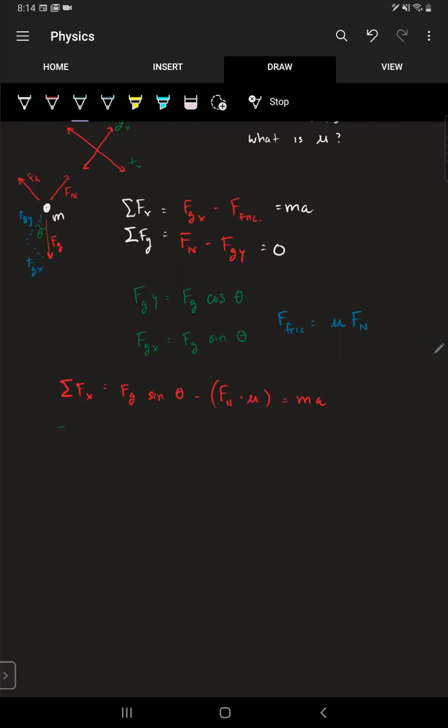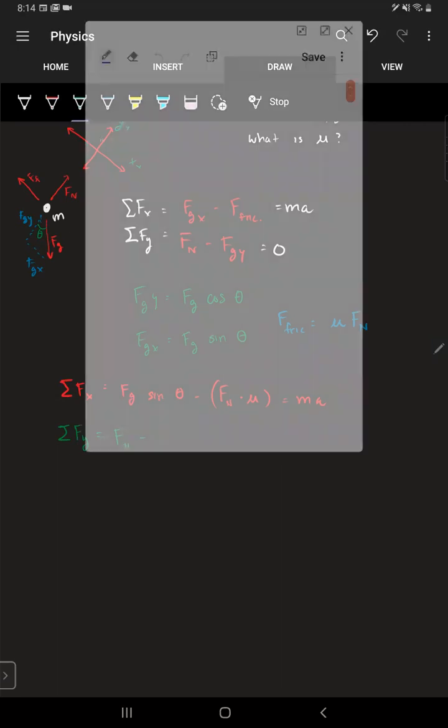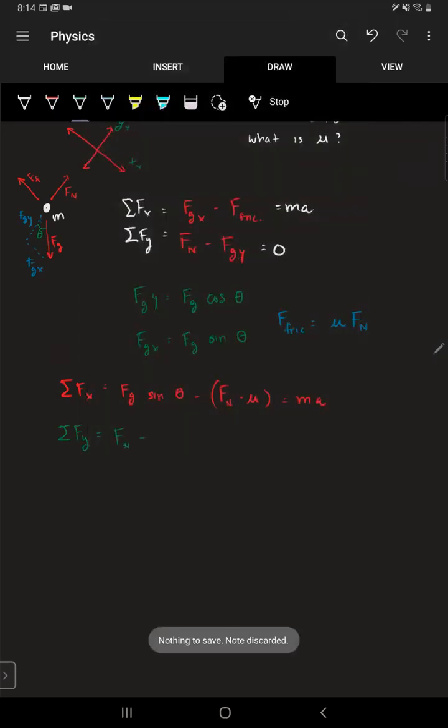If we're going to solve for mu, we need to know what f of n is, right? Luckily, we have a second equation, sigma fy. That is equal to f of n minus fgy. Fgy is just fg cosine theta.